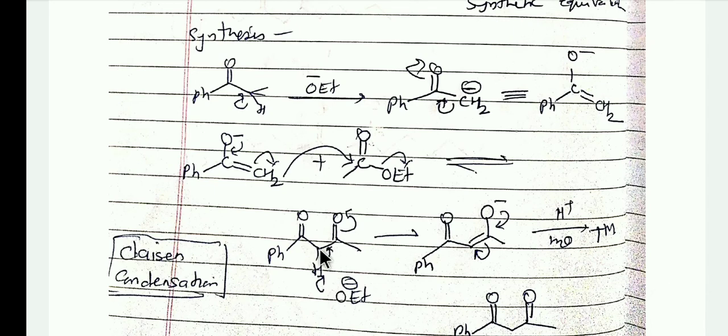Here this bond is formed between this carbon and this carbon. Here the CH2 group is present, which is called the active methylene group, and by the reaction of OEt minus with this CH2, the OEt abstracts a proton from here and EtOH is eliminated.